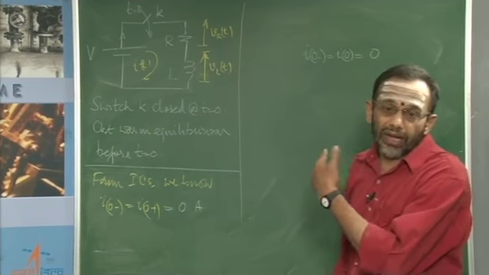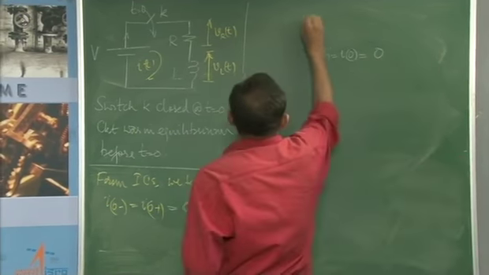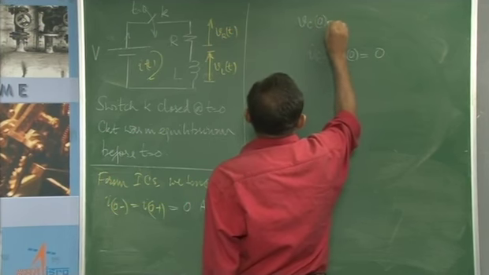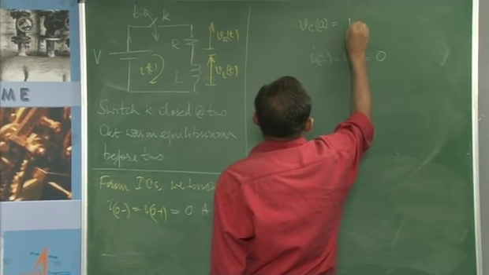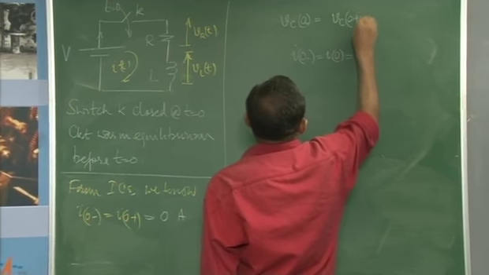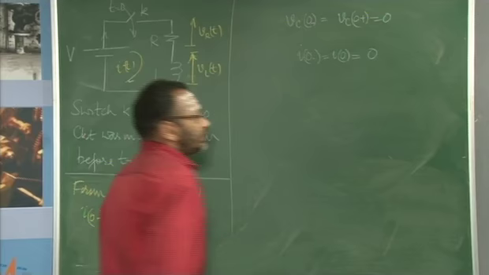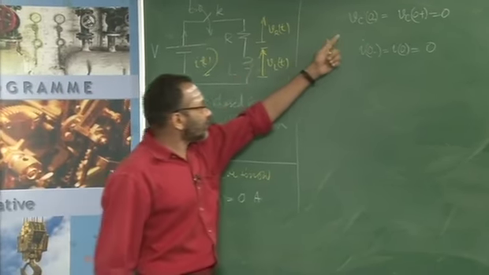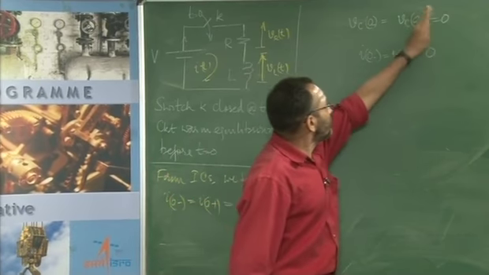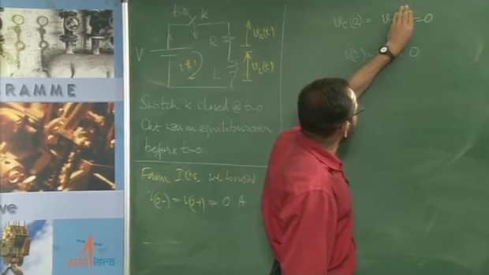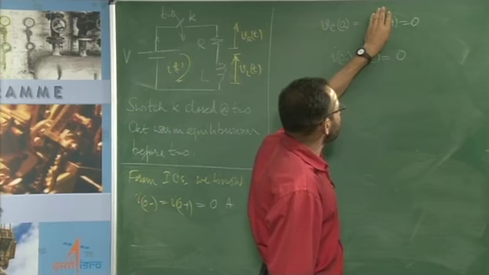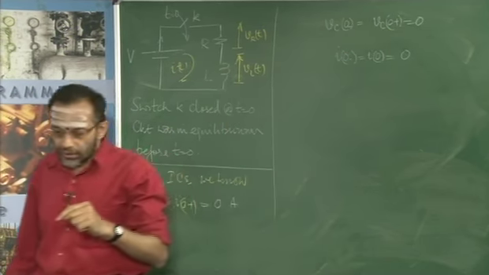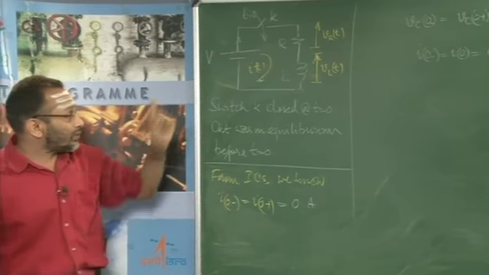For instance, in some other case, if you have Vc of 0 minus is Vc of 0 plus, if you write this as 0, this is not correct, because if you look at only the right hand side of these two, they appear as something equal to 0, something equal to 0, but please observe they are different physical quantities, and we are here as engineers, we must not make this mistake.